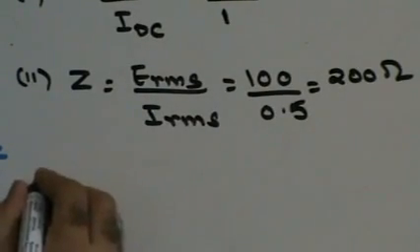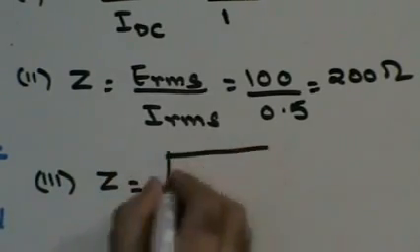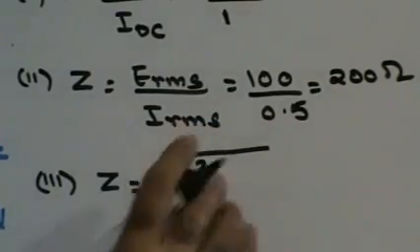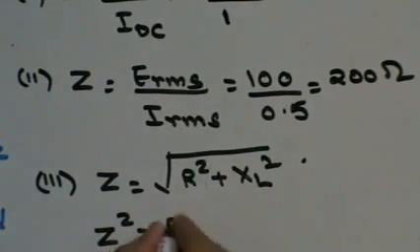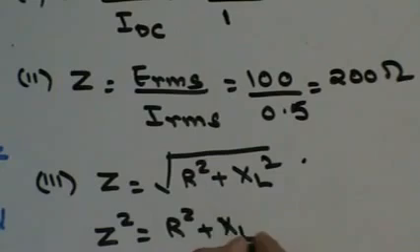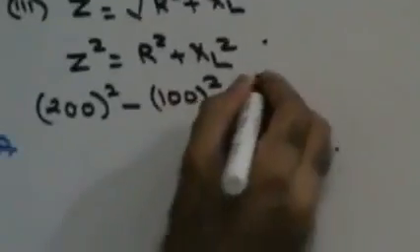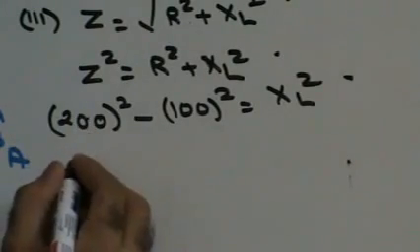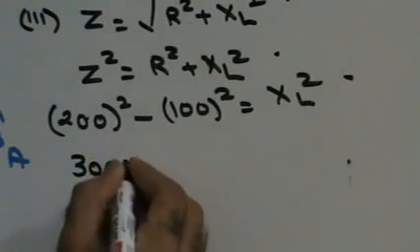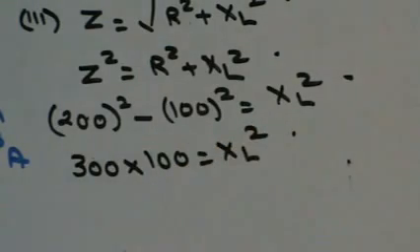Once I know the impedance of the circuit, I can say impedance is nothing but square root of R square plus XL square. Square both the sides, so I'll get Z square is equal to R square plus XL square. So 200 square minus 100 square is equal to XL square. Substituting the value, A plus B, A minus B: 300 into 100 is equal to XL square.